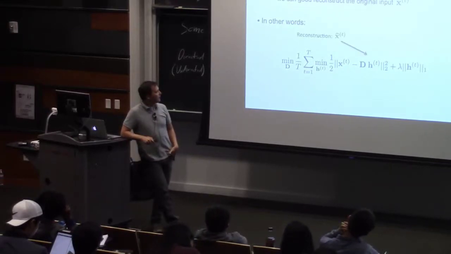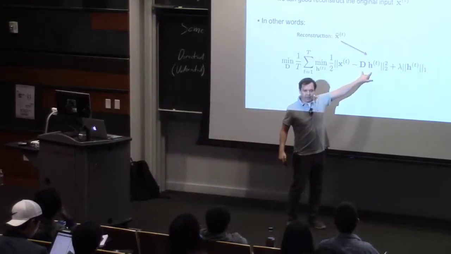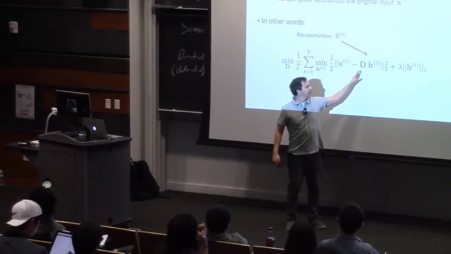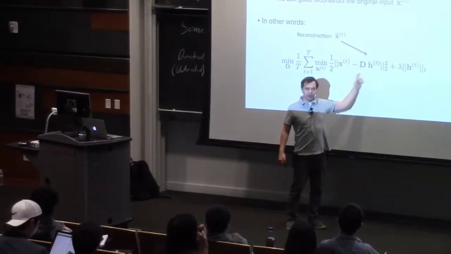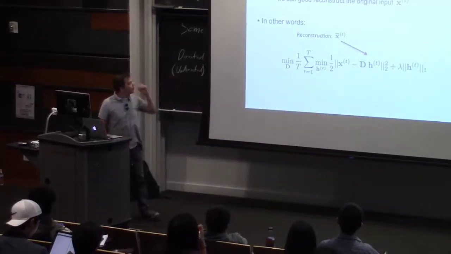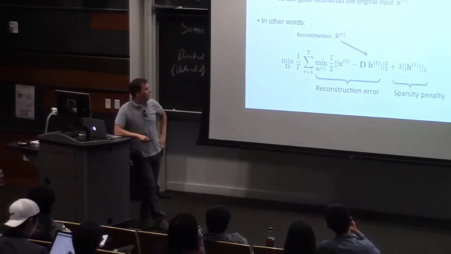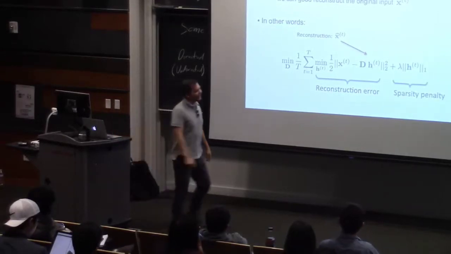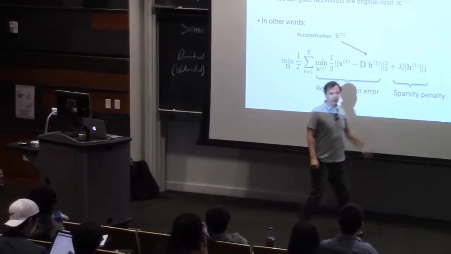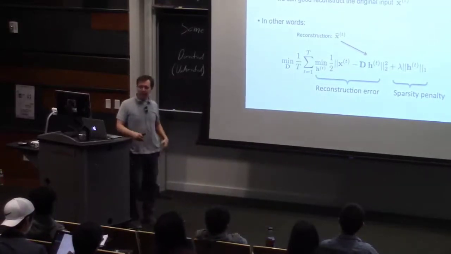If we look at this particular term, this is the reconstruction of X, given some hidden state H and some D. I want this term to be as small as possible, and I want to minimize over D. So this looks at the reconstruction error. And this term here is basically a sparsity penalty term. It's L1 regularized, and you're basically saying I want most of the elements to be sparse.